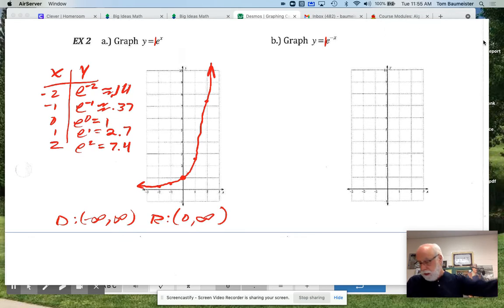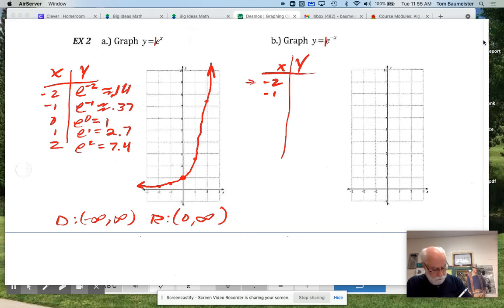Okay, now the same thing on the next one here. Again, now we have a negative x power, so on that one we would expect it to be going down. We would expect negative times a negative is a positive, right? So for this one here, we would write it as e raised to the -2 power, or e squared.